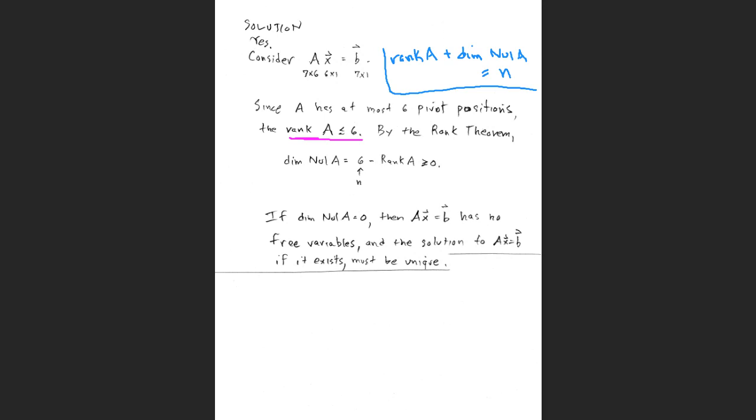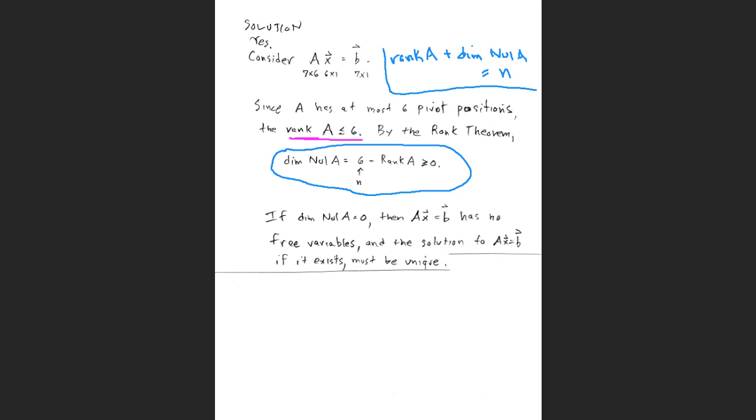So that means the dimension of the null space of A would equal n minus the rank of A. So the dimension of the null space of A in this case would equal 6 minus the rank of A, and that's going to be greater than or equal to 0.